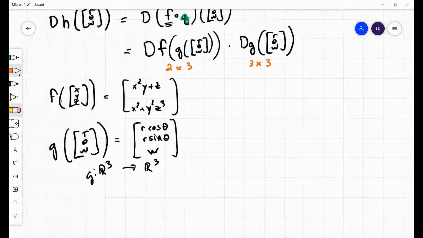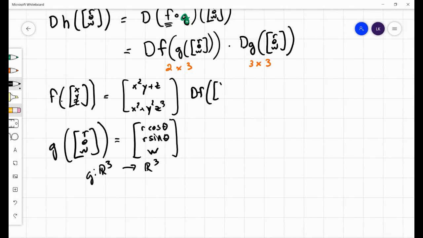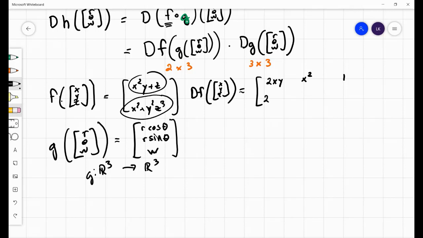All right, so let's compute the derivative of f. It's just the partial derivative of the first component with respect to x, y, and z. Then the next row is the derivative of the second component with respect to x, y, and z.